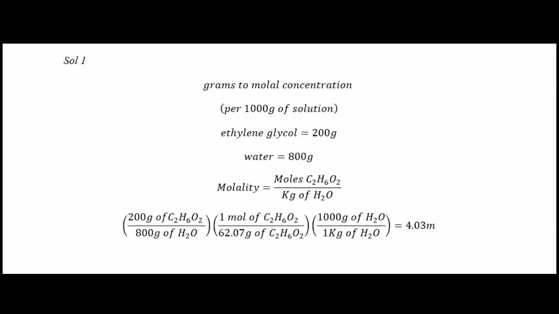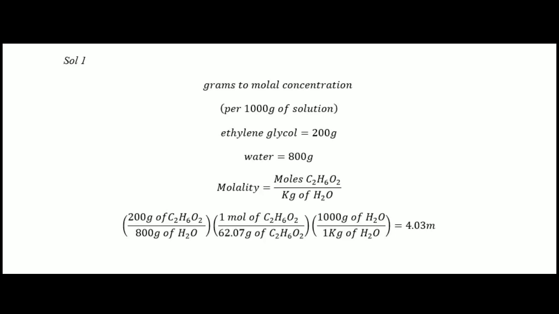Fourth question is, calculate the boiling point of an aqueous solution that contains 20% ethylene glycol, which is a non-volatile liquid. First is grams to molal concentration, or per 1000 grams of solution. Ethylene glycol is 200 grams, water is 800 grams, and the equation is molality is equal to moles of C2H6O2 over kilograms of H2O.